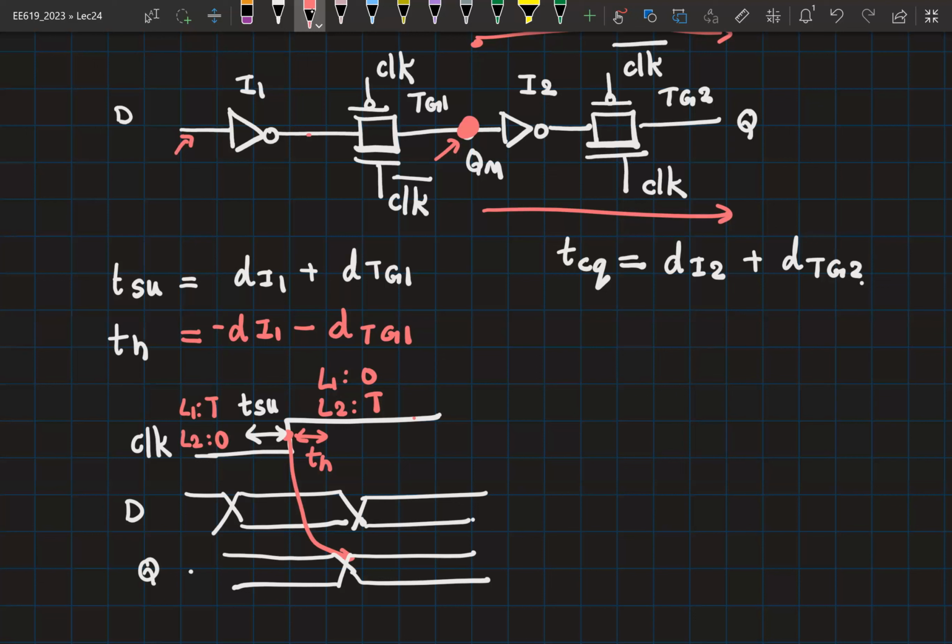Right? Is this okay? So again, you think about bringing this transition closer and closer to the clock edge. Now, if the data changed exactly at the clock edge, which means that you had to change here exactly at the time that this was turning, then your QM is not affected, because the data has just reached here. It still has to travel through one inverter and a transmission gate for it to corrupt QM.